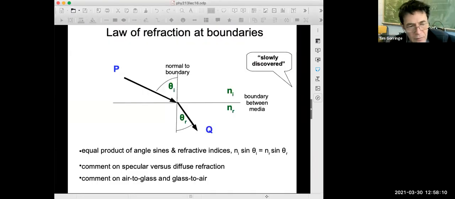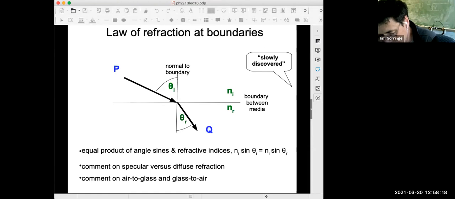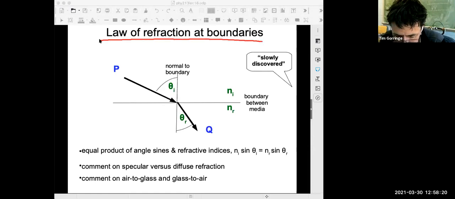Okay, now the law of refraction at boundaries. Let's introduce that. The law of reflection was only discovered some hundreds of years ago compared to the law of refraction that was discovered thousands of years ago.